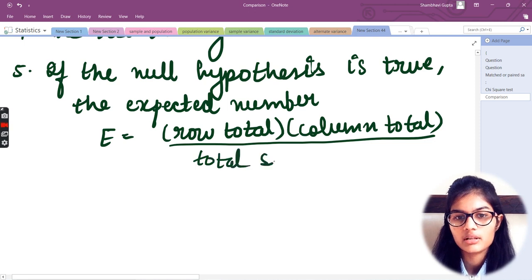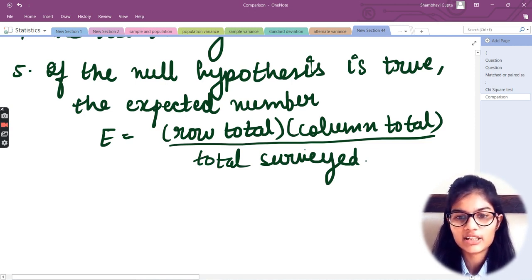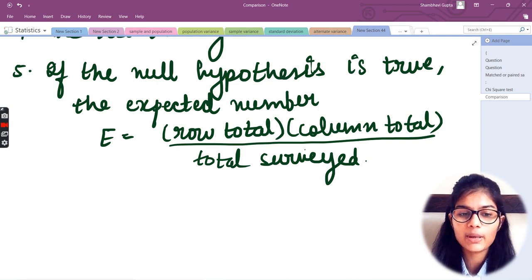This is what we have right here. So capital E, which we used in the formula as well, denotes the expected number, right? So it's row total times column total upon total surveyed. Hope I am very clear with this regarding the test of independence, right?